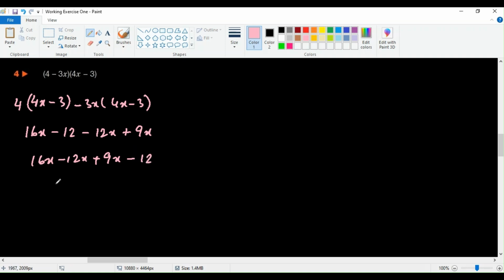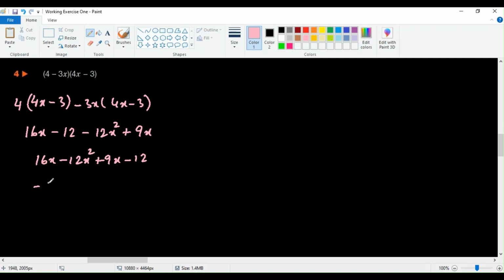These are all like terms. Better write this one once more. Let's see. So I will write 16x square first, and then I will write minus 12x, and then I will write minus 12x, then plus 9. Now this is a square, so this comes first.